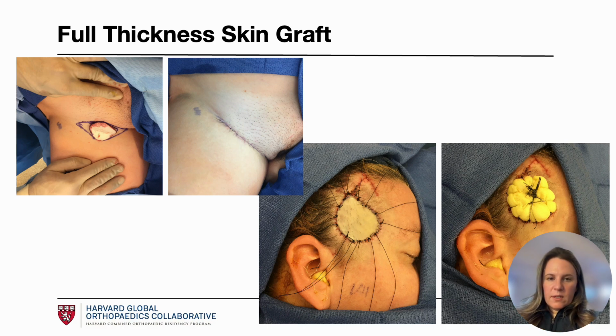You harvest the full thickness of the skin, and then what's really crucial is that you defat that skin graft with scissors. You want basically no fat left on that, which will increase your rate of take. And then the wound bed obviously needs to be clean, well vascularized, free of infection. As you can see on the right here, we're doing a tie over bolster for this, which you could do on the lower extremity as well.